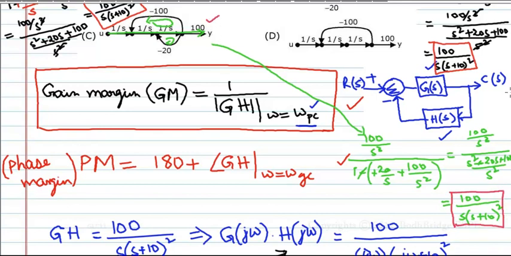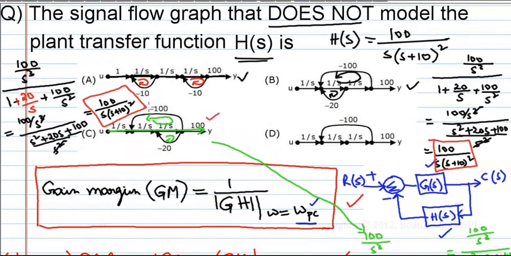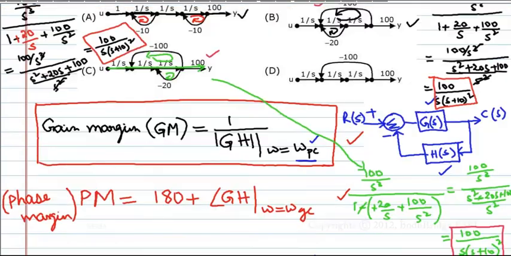Therefore this is also perfectly fine. Use Mason's gain formula and you get it directly. We shall check the fourth one.